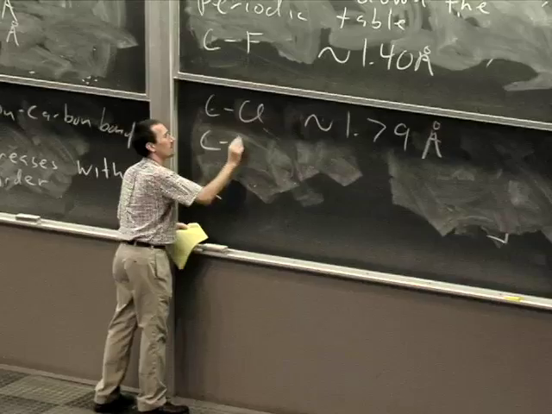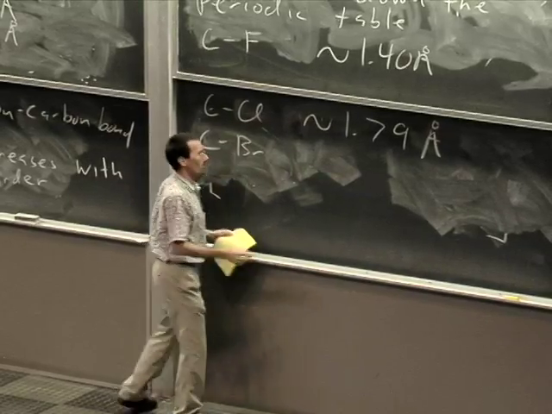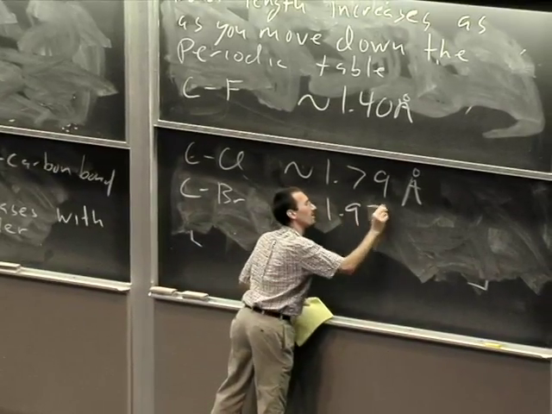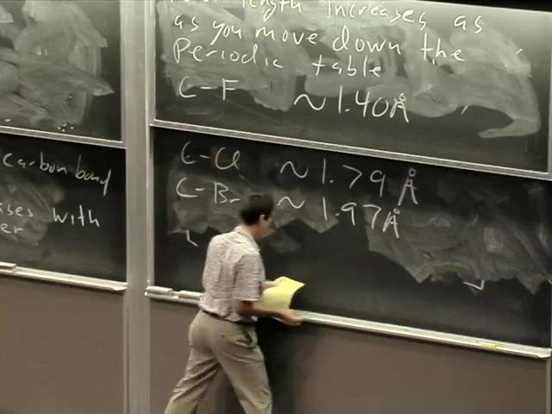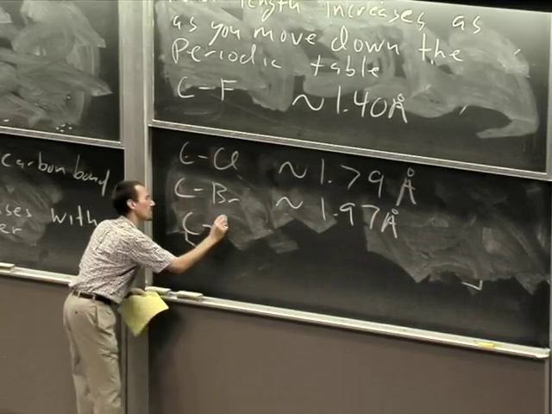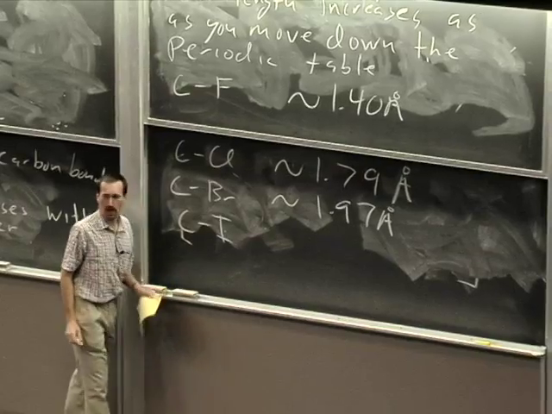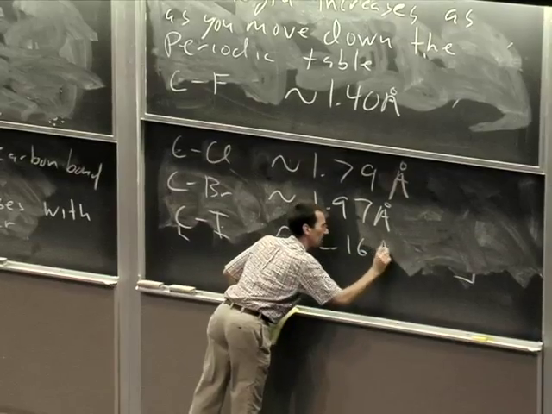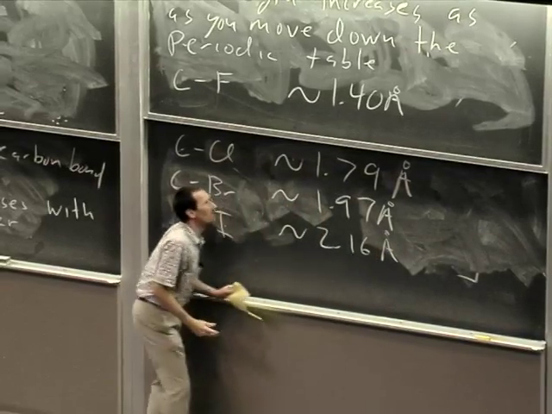Carbon-bromine bond is about 1.97 angstroms. And the carbon-iodine bond is about 2.16 angstroms.